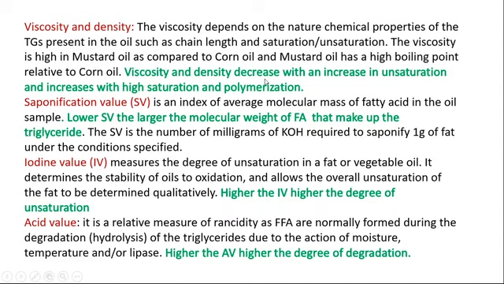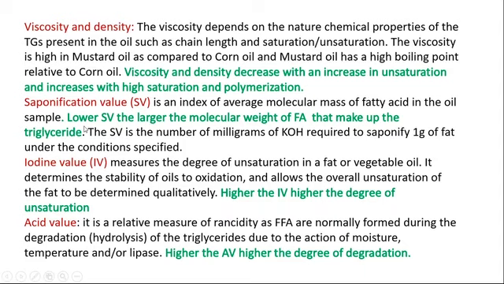So viscosity and density decrease with an increase in unsaturation. So most of the plant oils are less viscous and less dense than the saturated ones, such as the mustard oil.